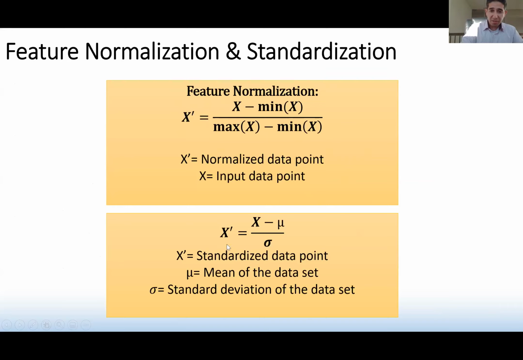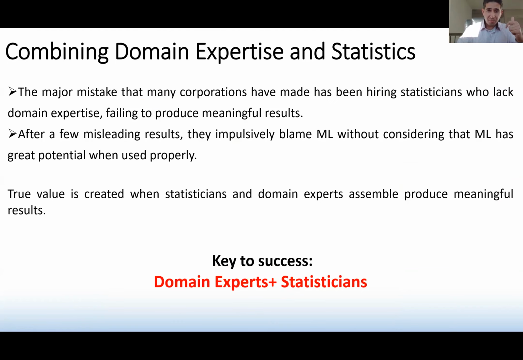And then feature standardization is taking your x minus the mean, the average of your data set, divided by the standard deviation of your data set. That's standardization. As I mentioned, some algorithms are recommended to use feature normalization, and some are recommended to use feature standardization, such as the distance-based algorithms.